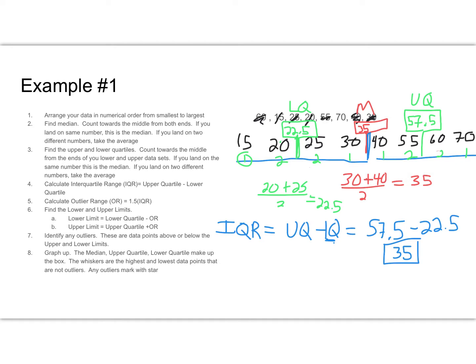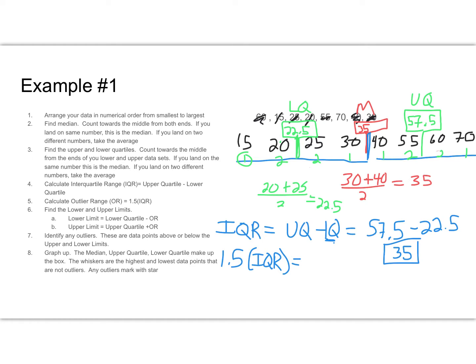Now our next step is to find the outlier range. So remember, to do outlier range, it's always 1.5 times your interquartile range.